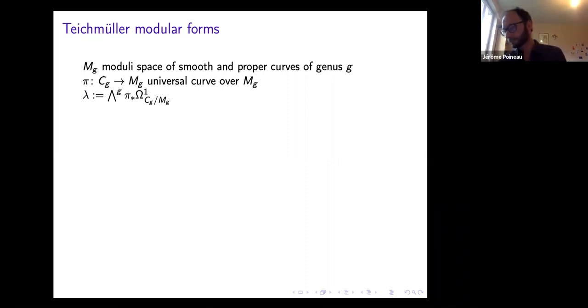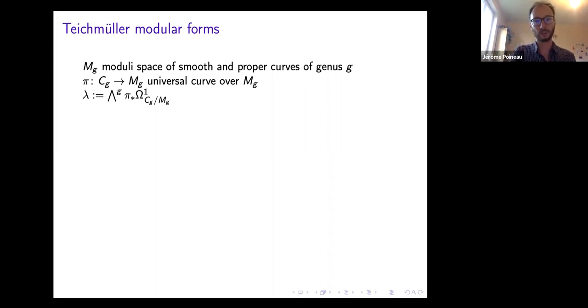So how does it work? Quite quickly, let's start with MG, the moduli space of smooth connected proper curves of genus G. You have a universal curve over it, pretty much by definition. And over MG, you have a nice line bundle that you can construct by pushing down the Hodge bundle of the universal curve and taking the maximal exterior power.